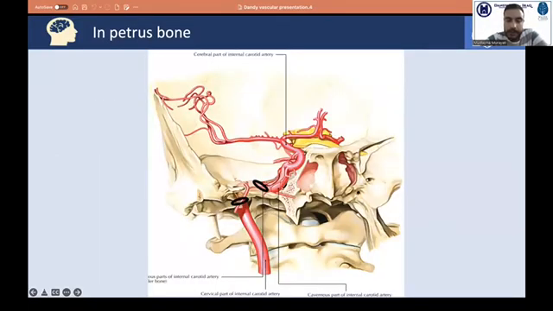Okay, this is one more illustrative picture. This is an anterior view. This is the occipital bone over here. This is the anterior ring of the C1 vertebra, to have an orientation about the anatomical view. This is the ICA, this is the cervical segment. And here's the ring, this is the carotid canal in the petrous bone.